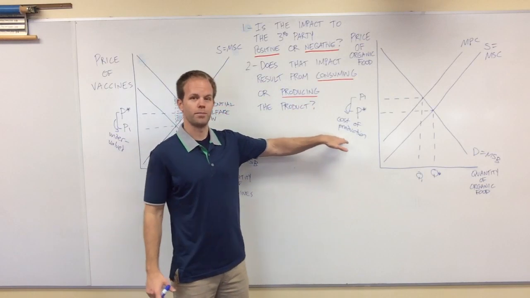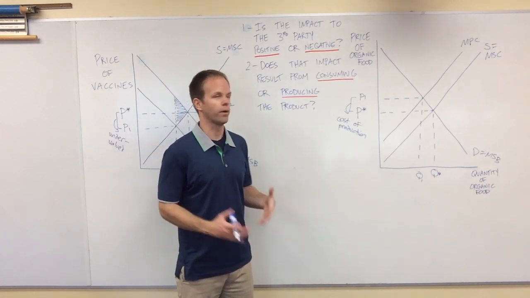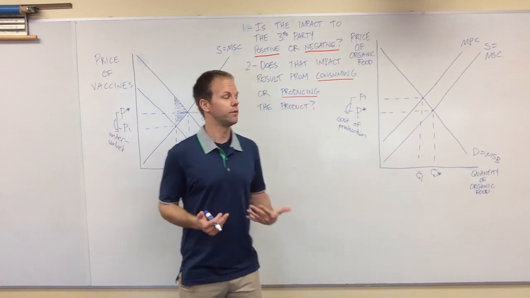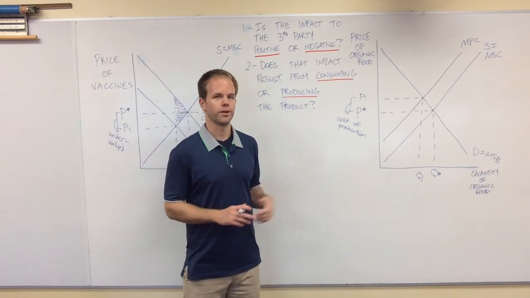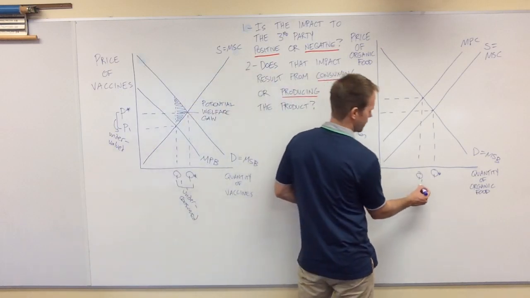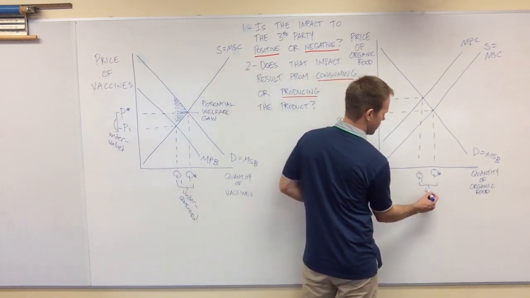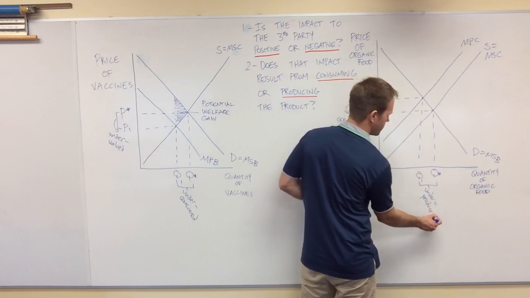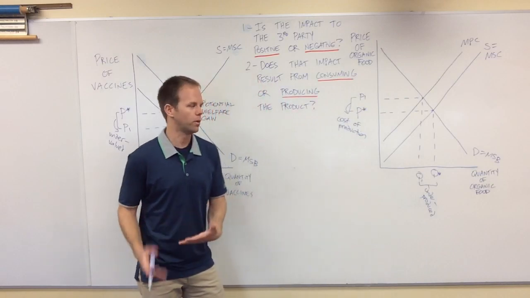It is more expensive to make organic food and use those kind of farming methods than conventional farming, right? So it's more expensive because the costs are higher. And again, here we are showing that this is underproduced. We have a Q1 that is less than the optimal quantity.